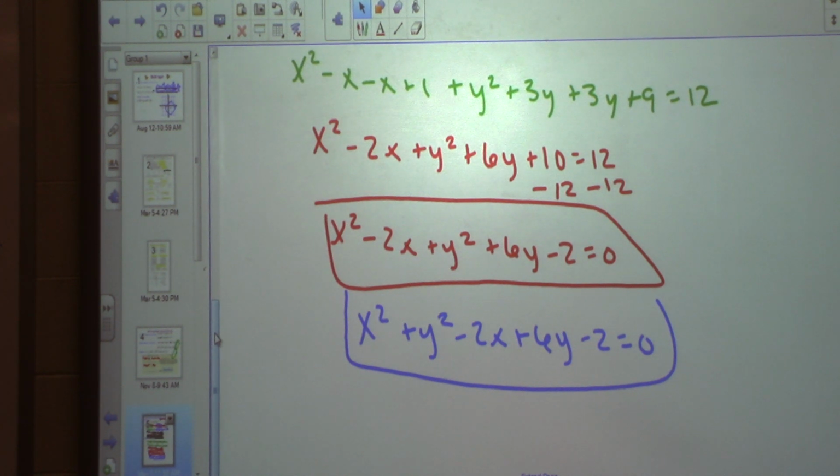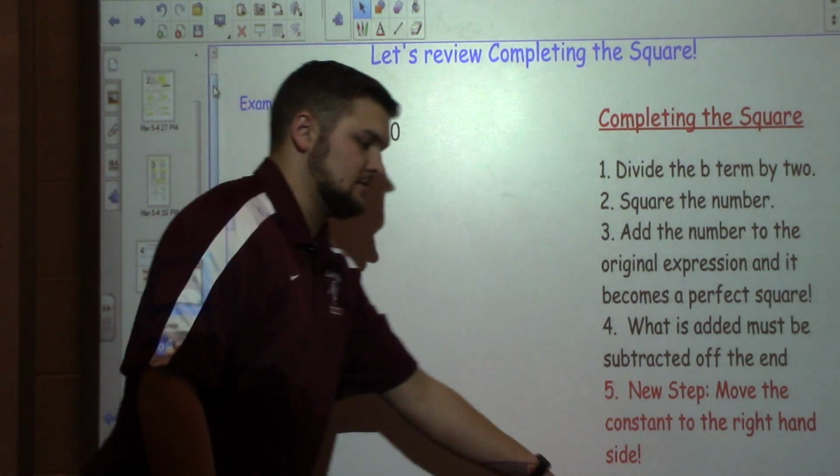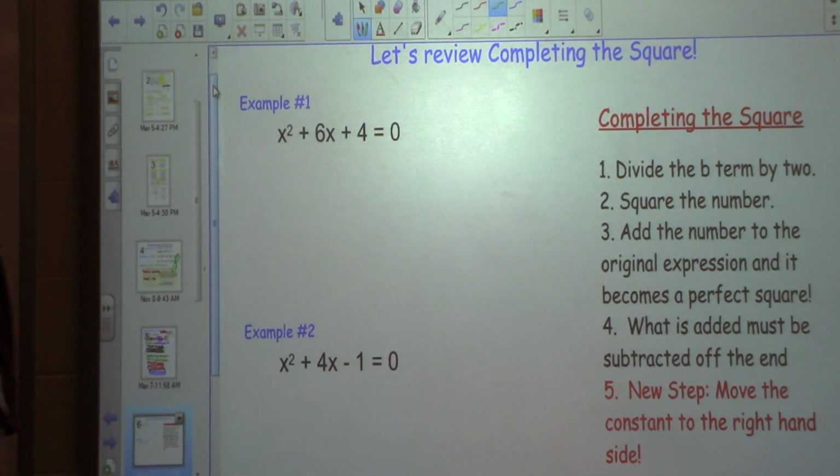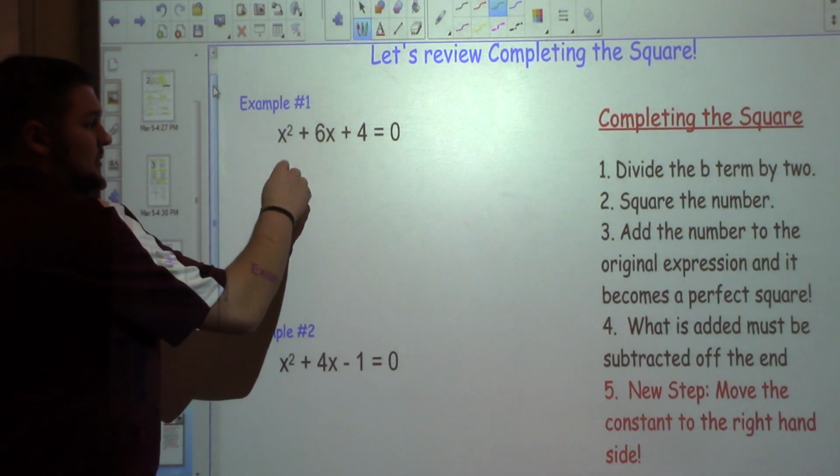Okay? Any questions? Alright, quickly before we do general to standard, let's review completing the square. Who remembers how to do it? Divide the b term by 2, square the number, add the number. First of all, before I do that, I'm going to separate them, right?